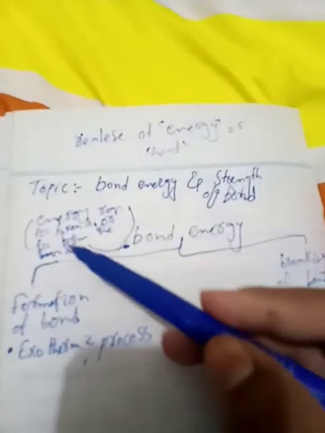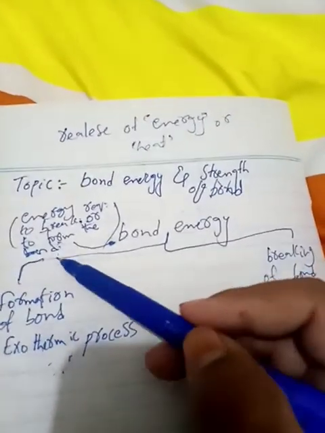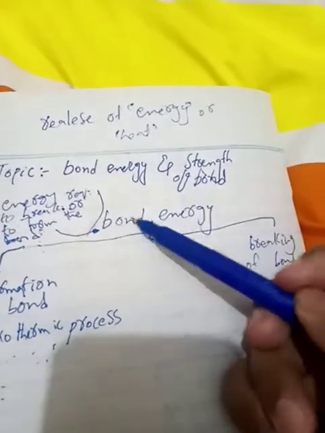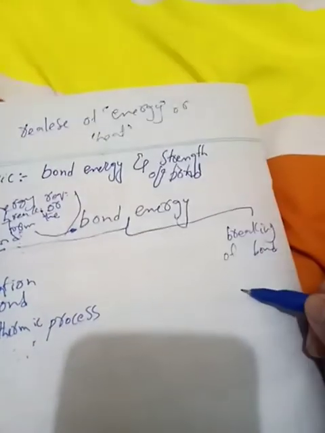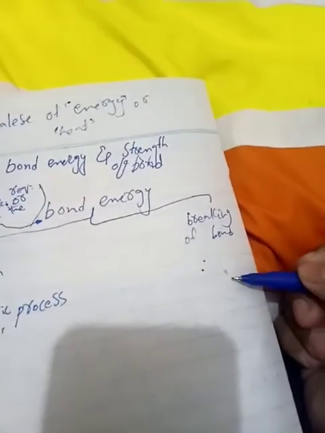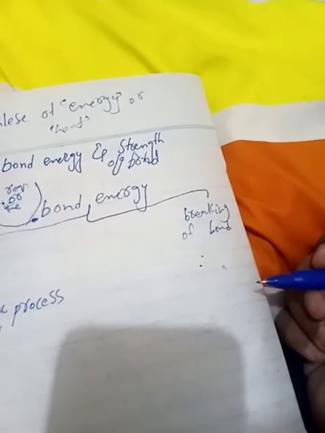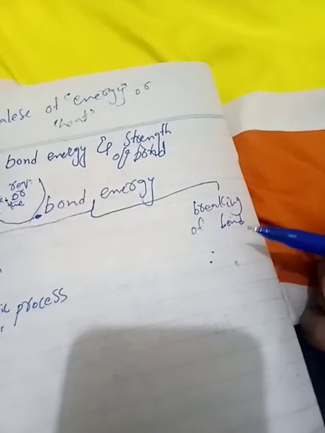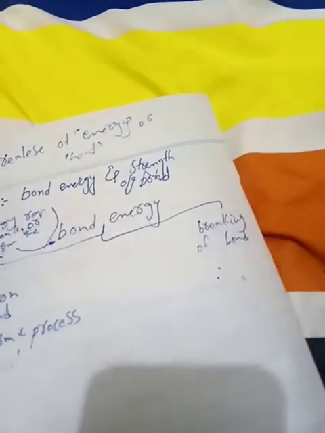Because of that, the energy which will be released will be calculated as the bond energy. Here there is a different case: the energy which is given to atoms to get bonded will be called the bond energy of the particular molecule.